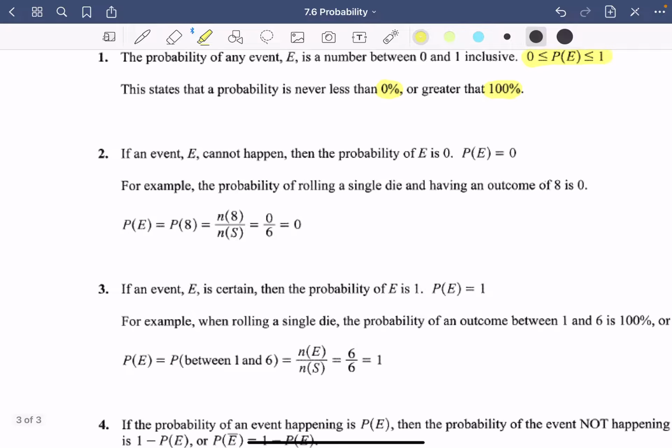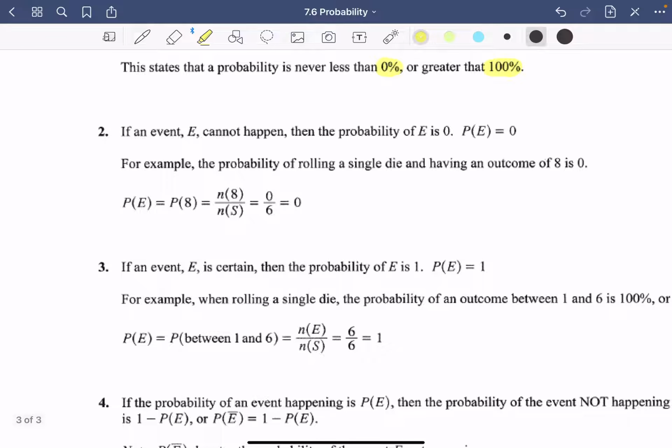A second one: if an event is not happening, then the chance that the event is happening will be 0. So the probability is 0 if it's not going to happen. So the example here says, if you're rolling a six-sided die and you want an outcome of 8, what's the probability?